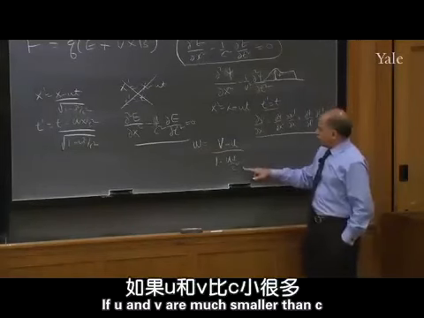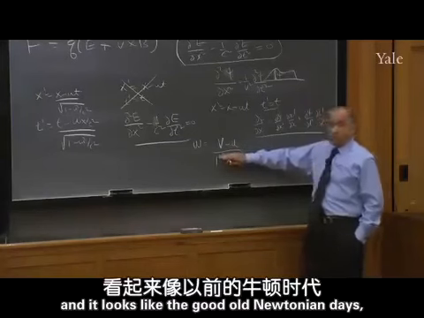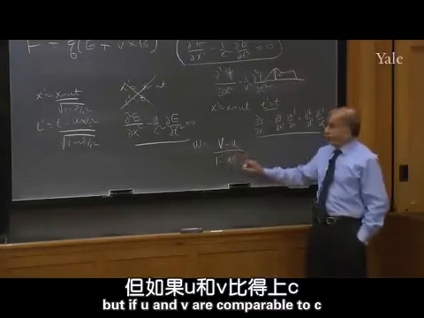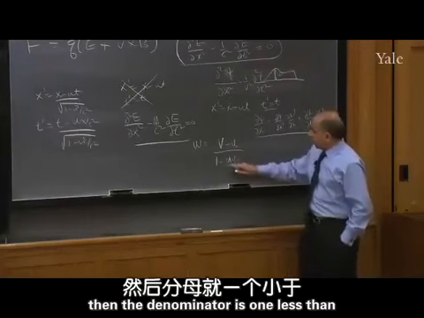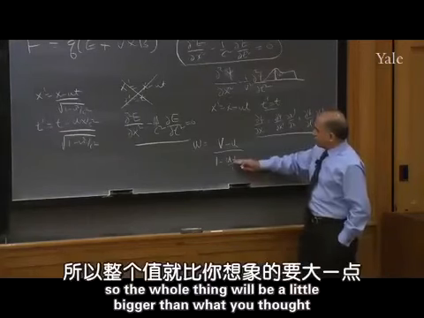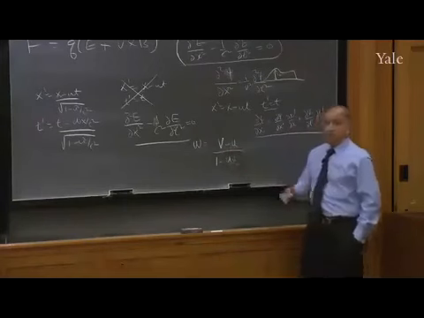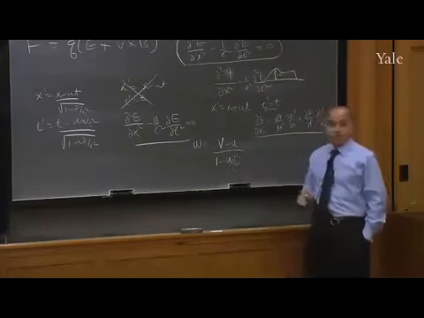If u and v are much smaller than c, you can forget this, and it looks like the good old Newtonian days. But if u and v are comparable to c, then the denominator is less than 1, 1 minus something, so the whole thing will be a little bigger than what you thought, because you're dividing by 1 minus something.